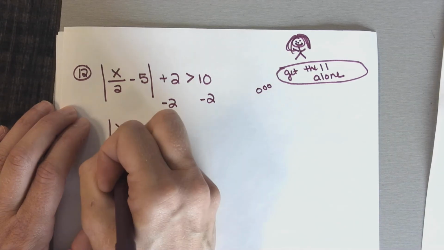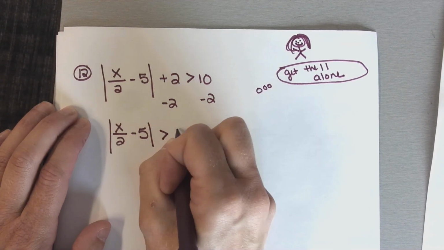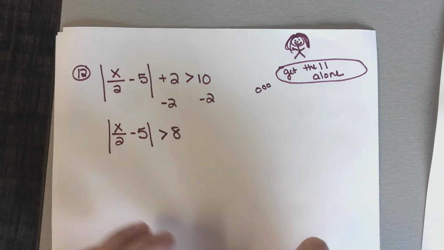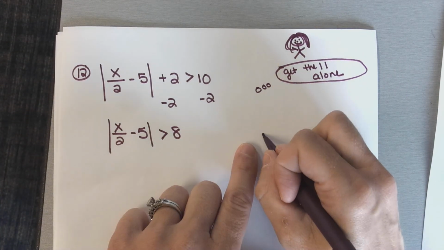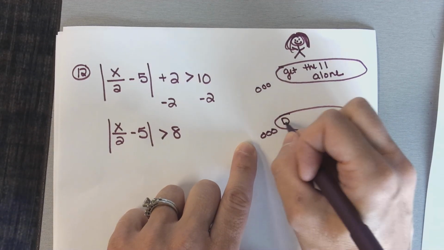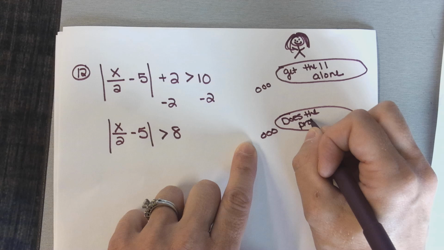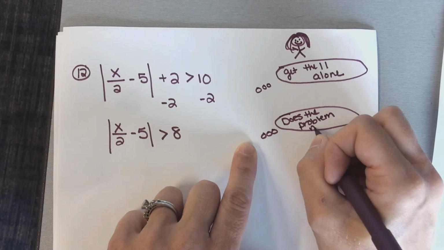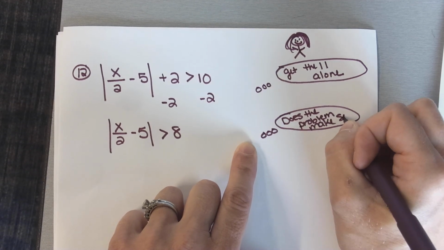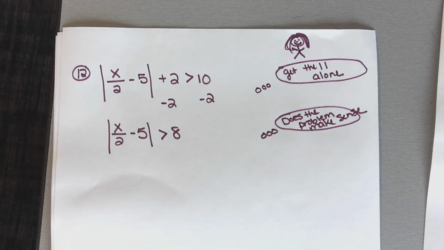Alright, so x over 2 minus 5 greater than 8. My next one is, does the problem make sense? Yep. Yeah, we can be bigger than 8. In this case, the answer is yes, so we're going to keep going.